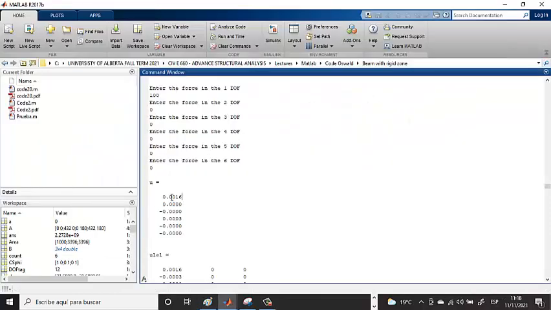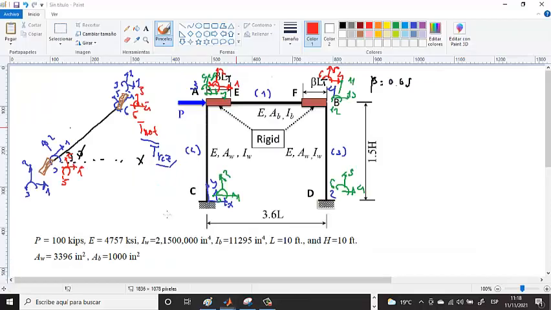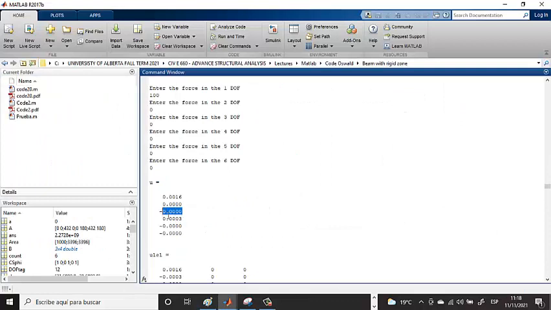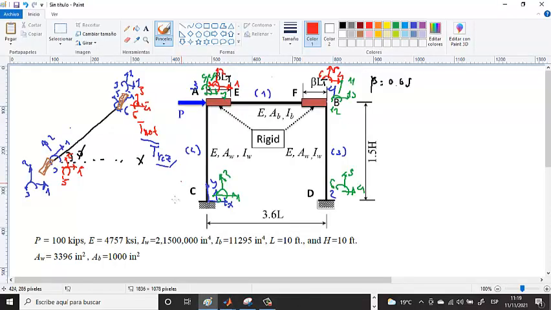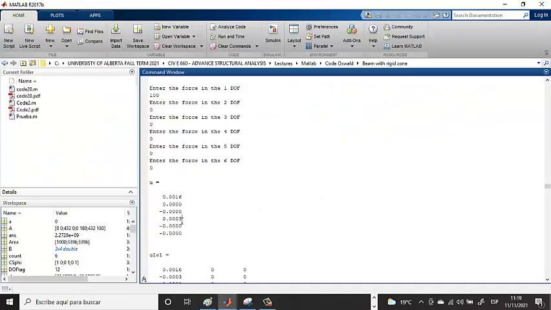There is a positive translation to the right of 0.016 inches, almost nothing in the vertical translation, and this is a rotation that MATLAB is giving us, almost zero here. For this 4th degree of freedom, we have 0.003 and almost zero in the other ones, right?